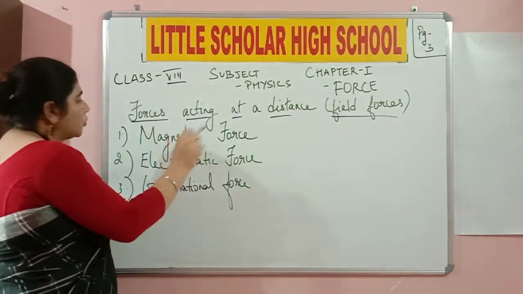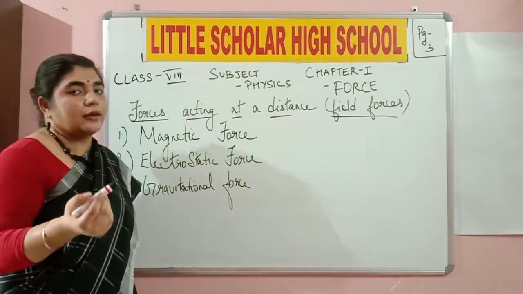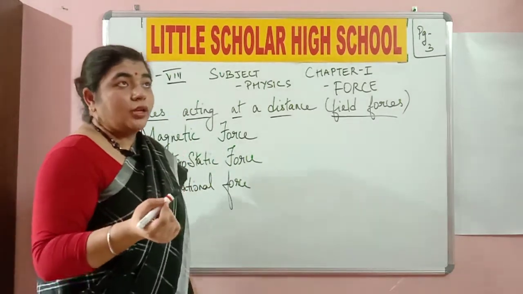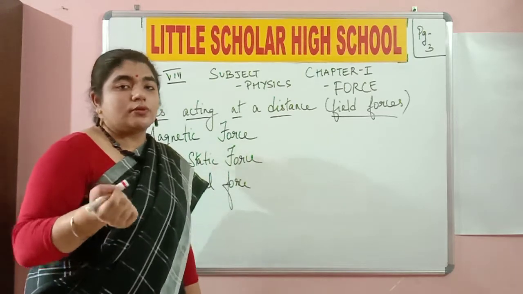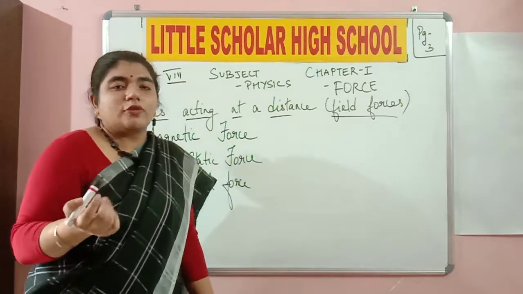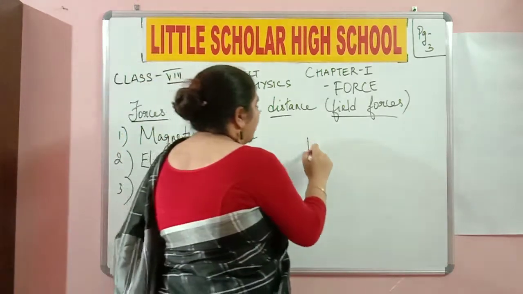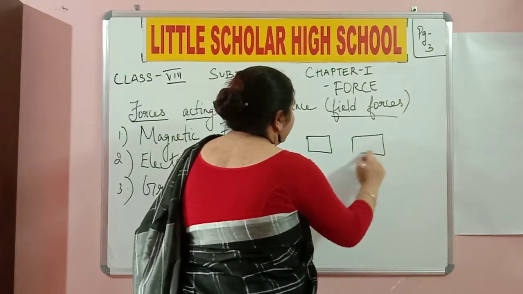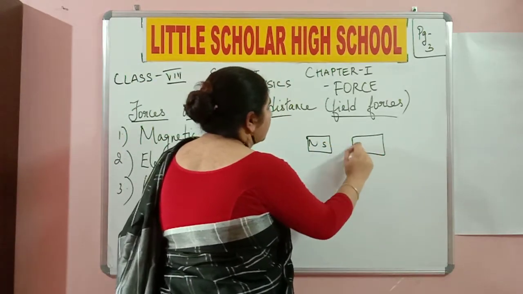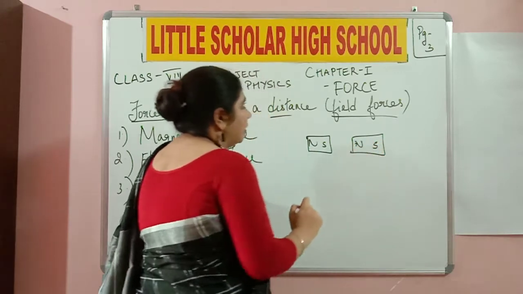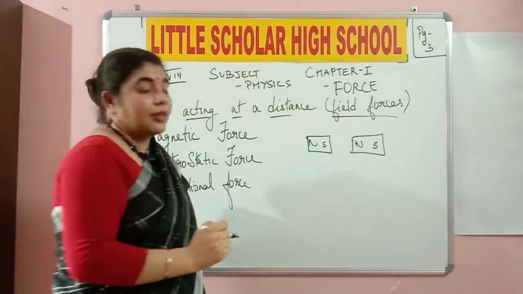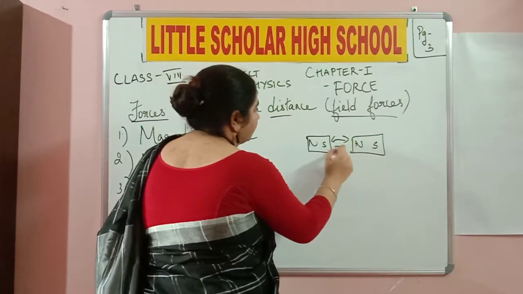So now the first one here that we are going to discuss is magnetic force. We know that magnets follow certain laws. There are certain laws of magnetic forces. If I have two magnets with me and I place the opposite poles together, what are they going to exert? They are going to exert attraction.